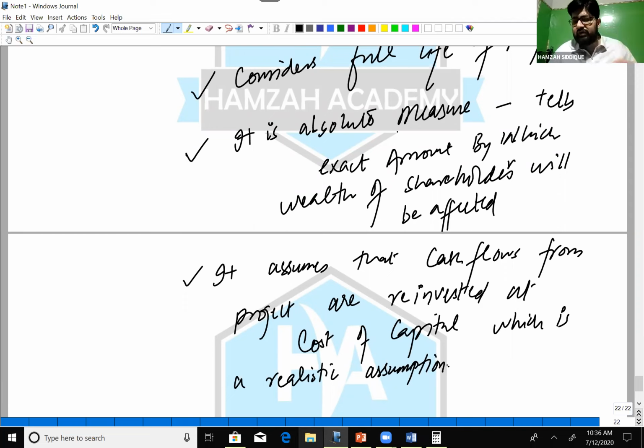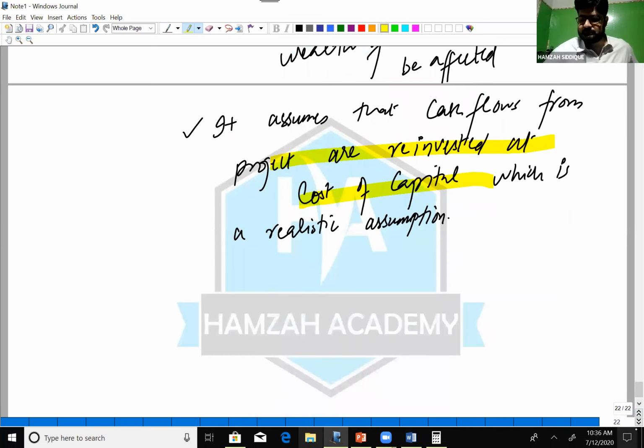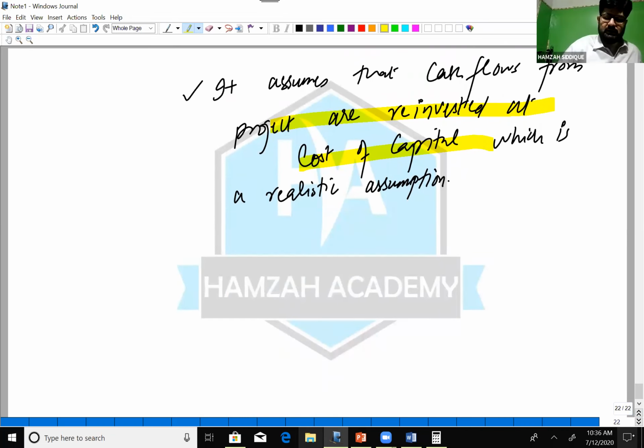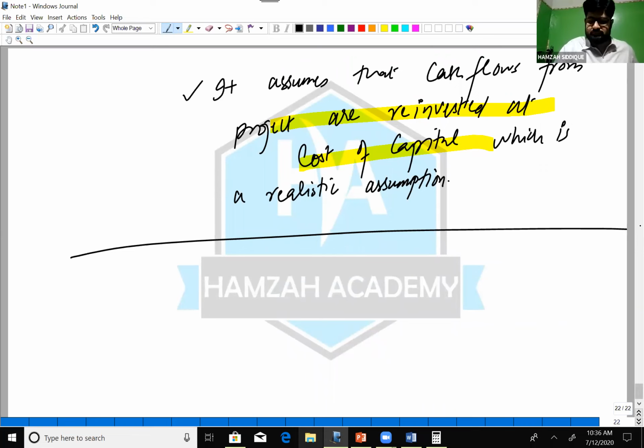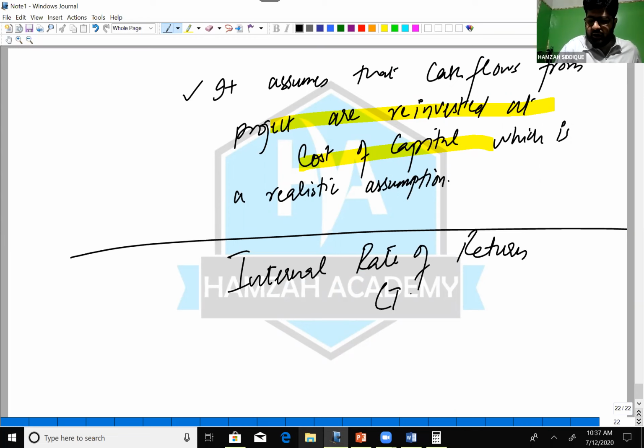I will explain this when I discuss IRR, internal rate of return, in a while. Now, the next method is internal rate of return, IRR.